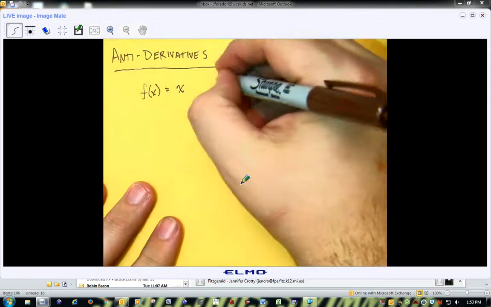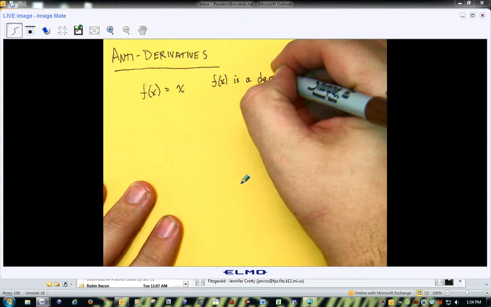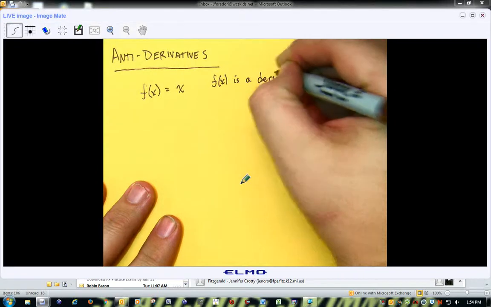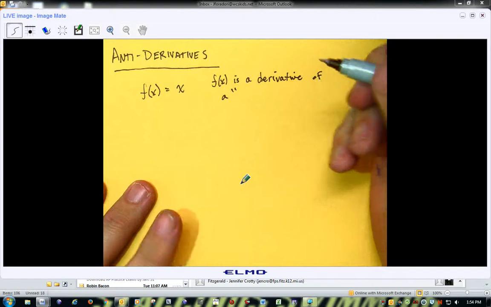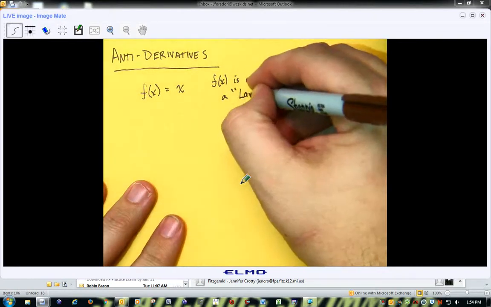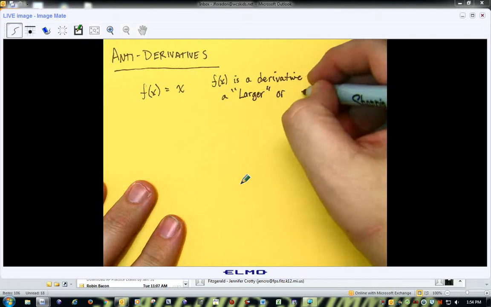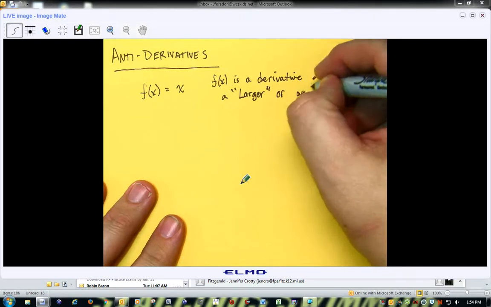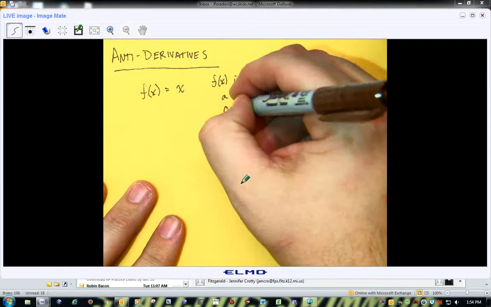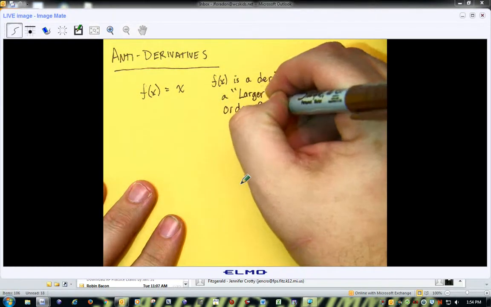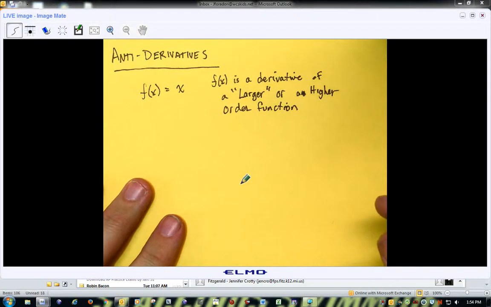And I'm going to tell you that f of x is a derivative of a, and I'll put it in parentheses because it's not really what it means, a higher order function. Something above f of x equals x.